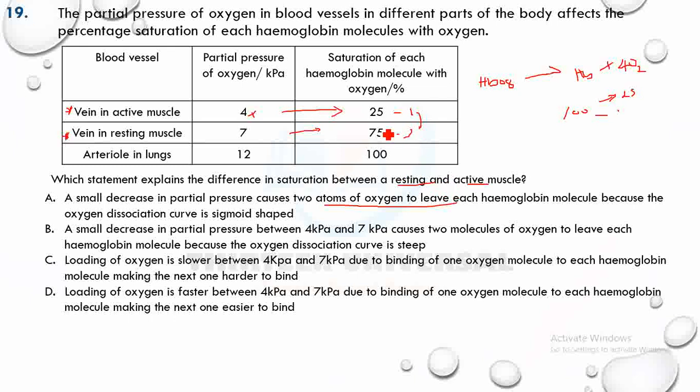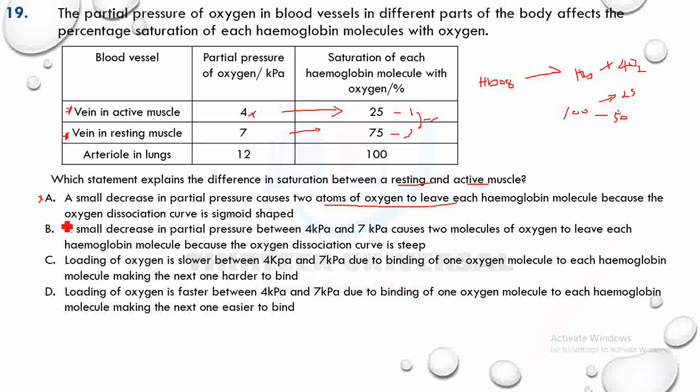The difference between this and this is 50, and 1 molecule is 25, so 50 is 2 molecules of oxygen, not 2 atoms. So that is why A is wrong.